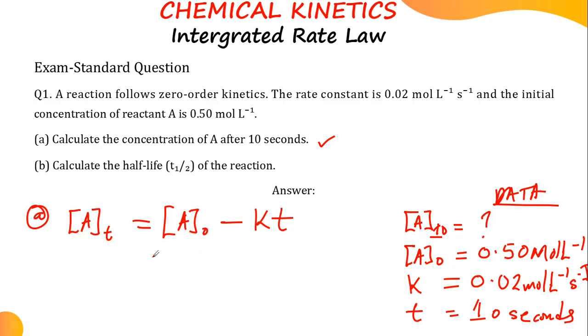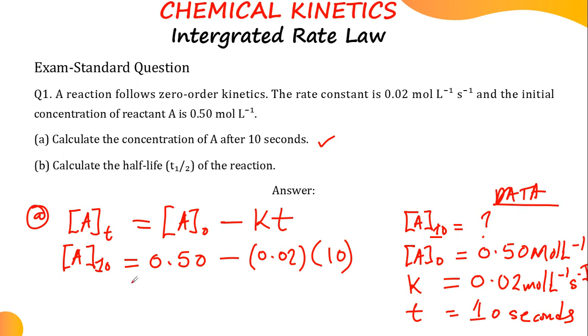Then we can just substitute here. We know that we're looking for the concentration at 10, the time we have been given, is equal to what's our initial, which is 0.5, not so. Forget about the units, you can do that later. What's our K? That's 0.02 multiplied by time, which is 10.